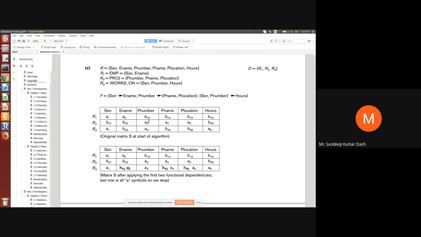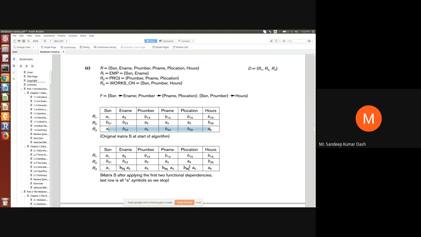Similarly in R2 nothing can be done because A3, A4, A5 are not at all present in the previous row. But in the last row, this got converted from the first row, this got converted from the second row. So all of them got converted into A, and your algorithm stops, and you find that R1, R2, R3 are properly divided.